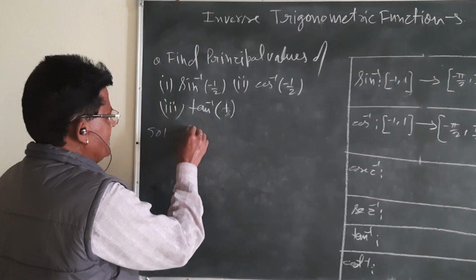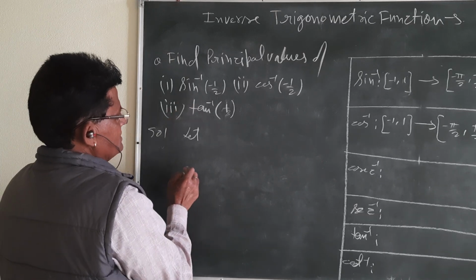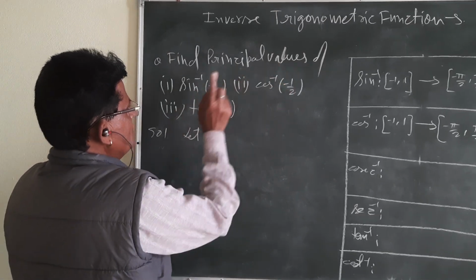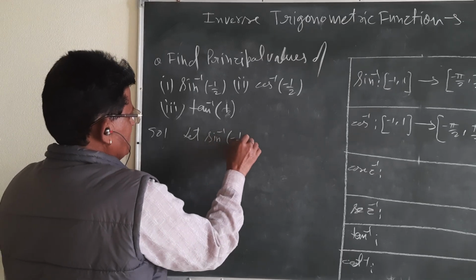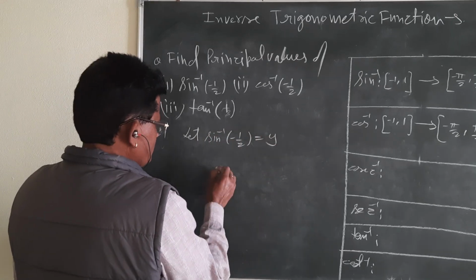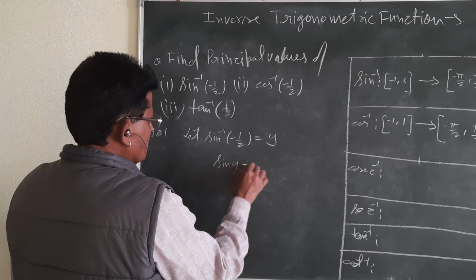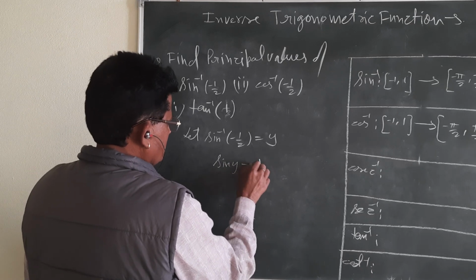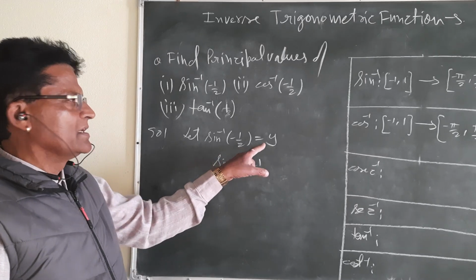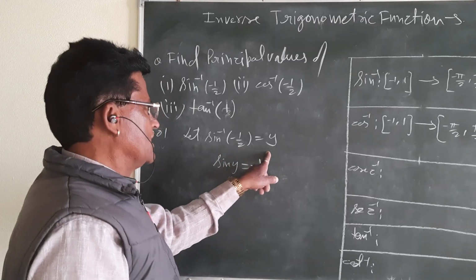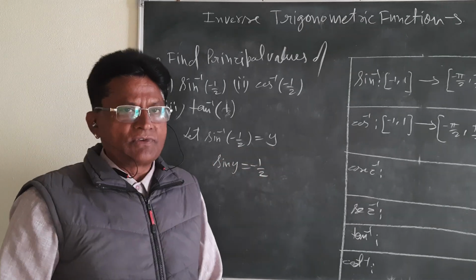See, the first part I am taking just to find the principal value for this function. Sin inverse minus 1 by 2 is equal to y, and sin y will be equal to minus 1 by 2. Sin inverse, this we have assumed is equal to y, and sin y will be equal to this.